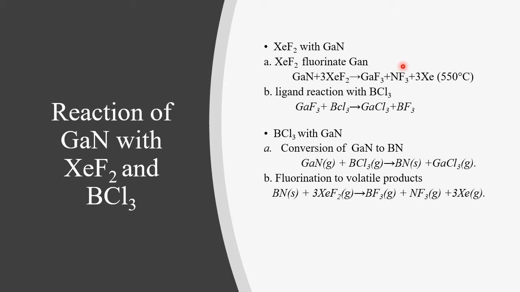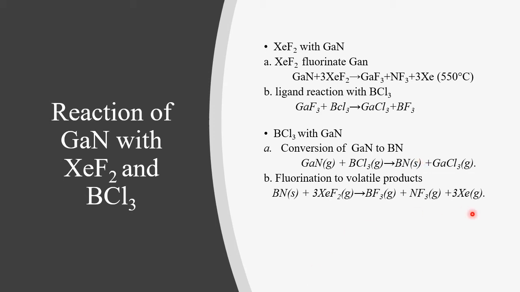Then inert gases are used to remove the unwanted gases, and a ligand exchange mechanism is performed using boron trichloride to produce gallium trichloride to etch the surface. Whereas when boron trichloride reacts with gallium nitride, it performs two steps: one is converting gallium nitride to boron nitride, then fluorinating this boron nitride layer to boron trifluoride.